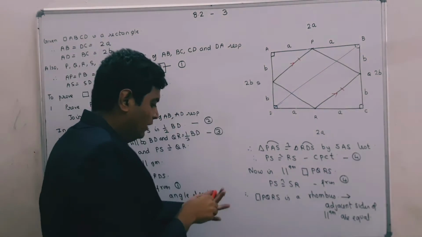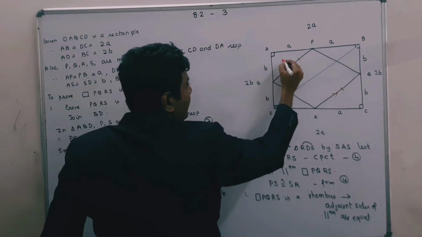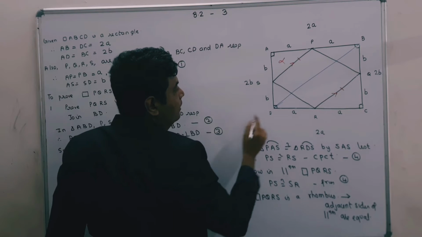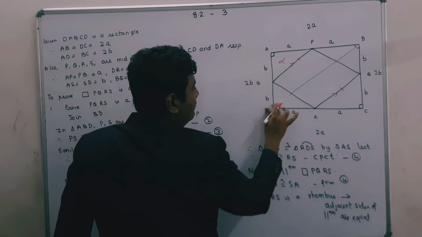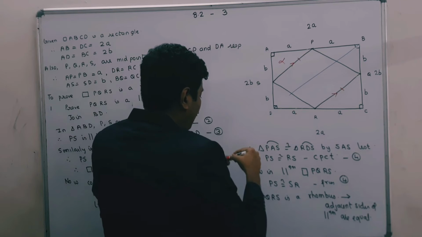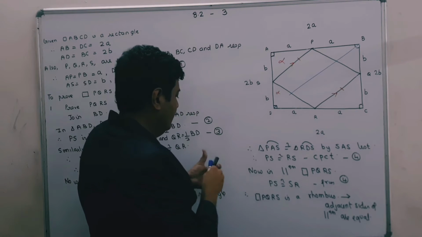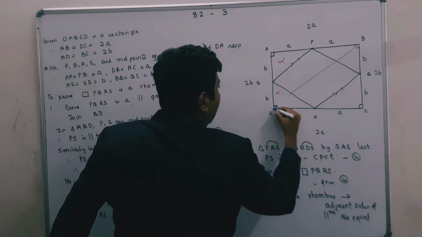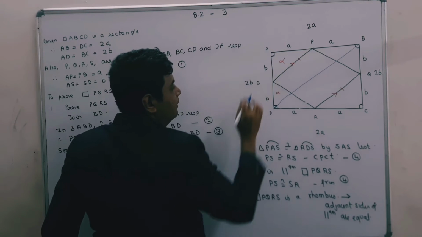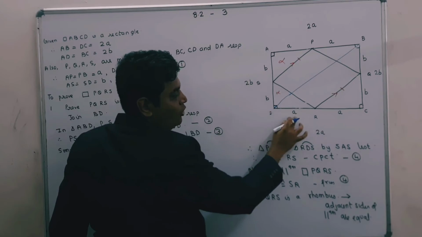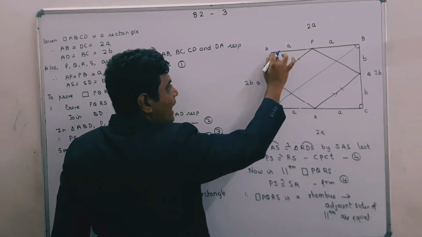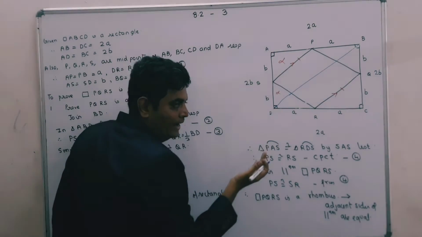Now consider these two triangles. Triangle PAS and triangle RDS. Consider these two triangles, okay? PAS and RDS. Can I say PA is equal to RD is equal to A? Can I say angle A is equal to angle D is equal to 90 degrees?